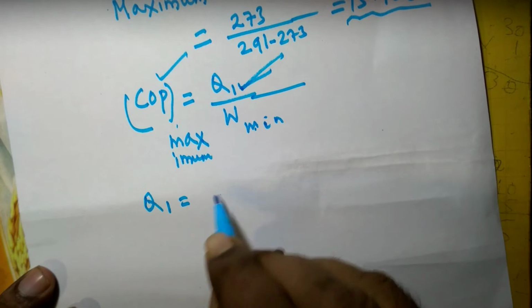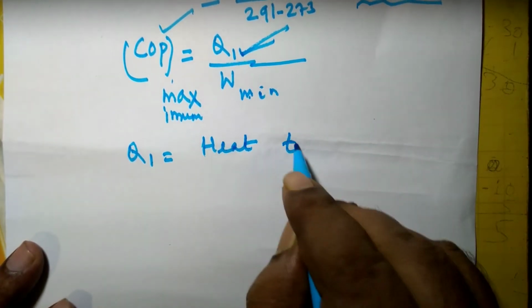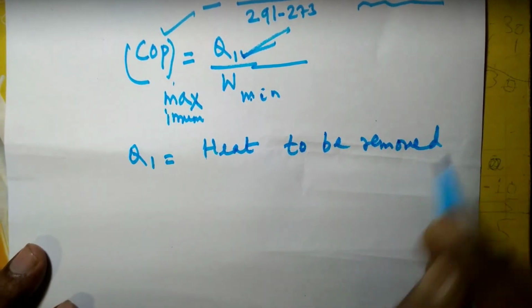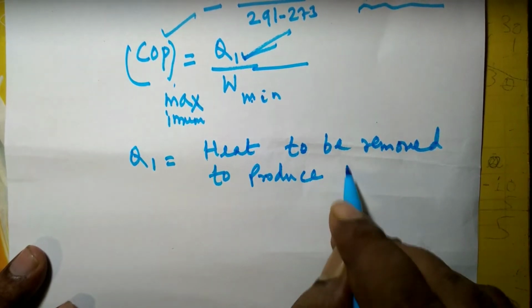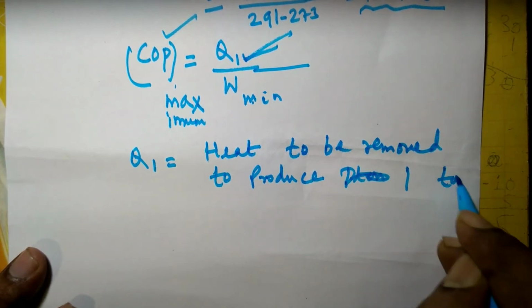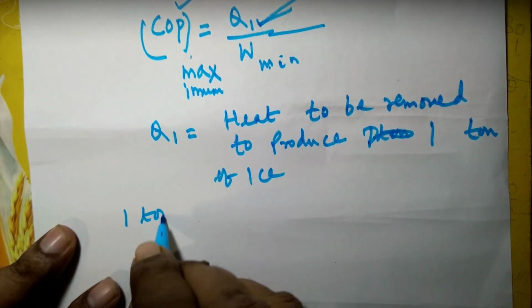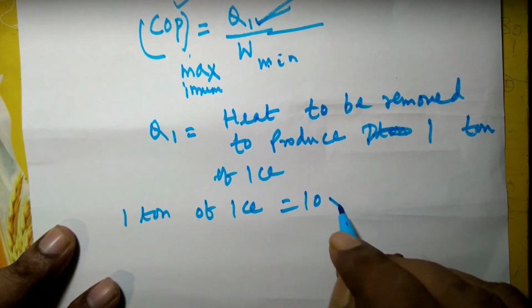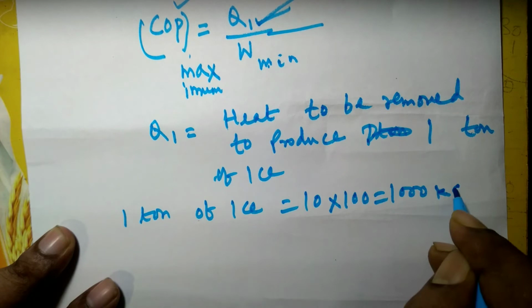Q1 is heat to be removed to produce 1 ton of ice. 1 ton of ice means 10 quintal, or 10 into 100, that is 1000 kg.